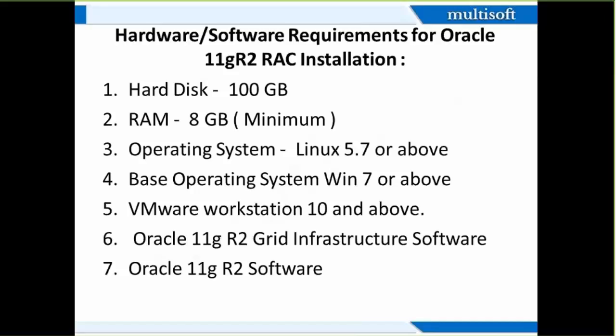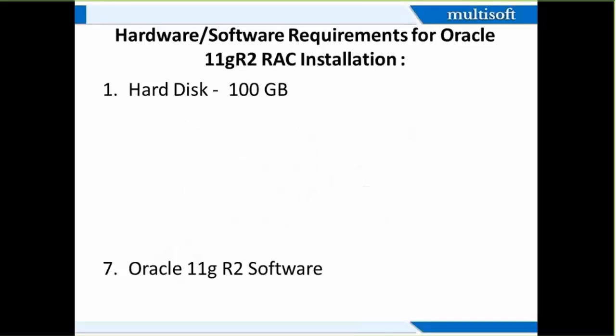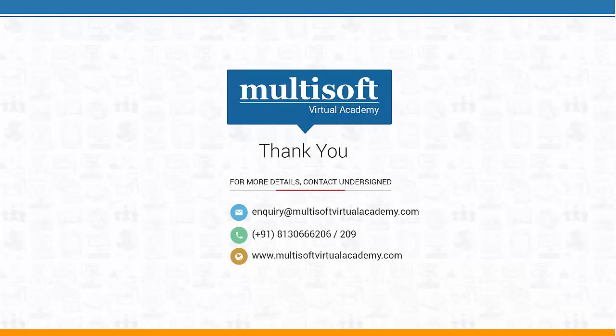At least 8 GB RAM required. Operating system 5.7 or above, and the base operating system on which we will install VMware should be Windows 7 or above. And we need the Oracle Grid Infrastructure software, which I will provide you, and the Oracle 11g R2 software, right?